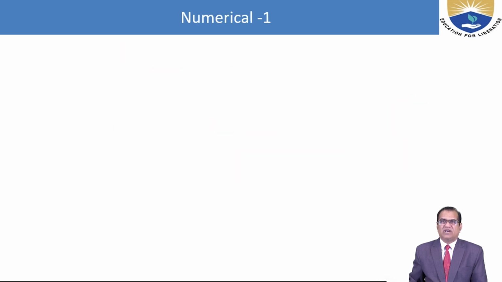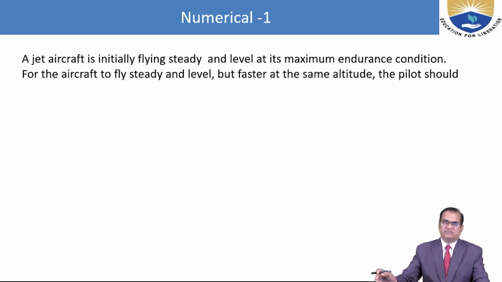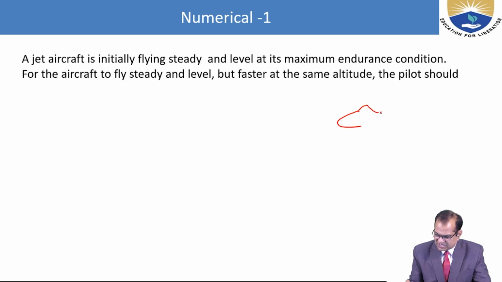So let's go for the first one. A jet aircraft is initially flying steady and level at its maximum endurance condition. For the aircraft to fly steady and level but faster at the same altitude, what we have to do? So assume that this is your jet aircraft.